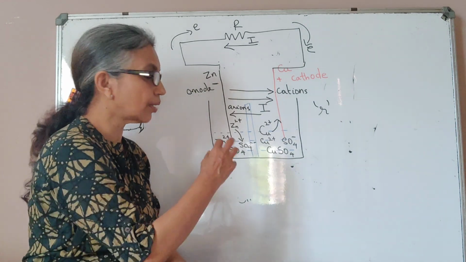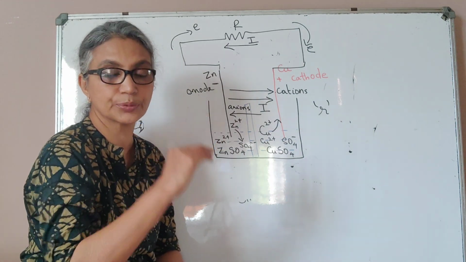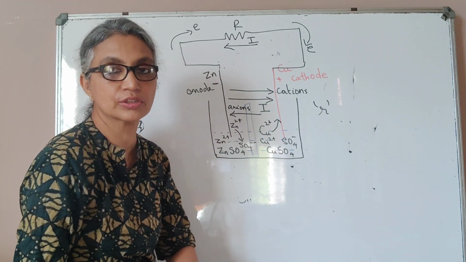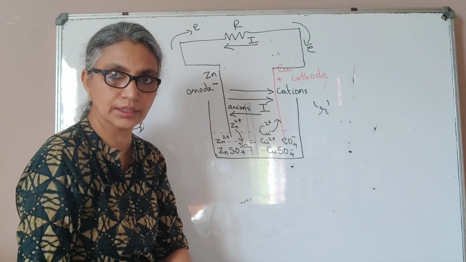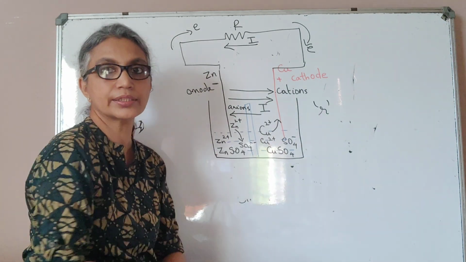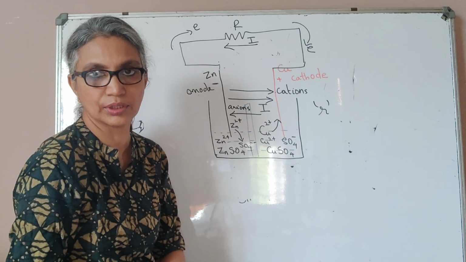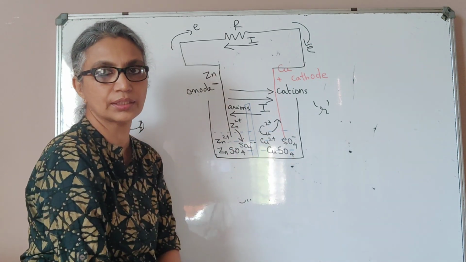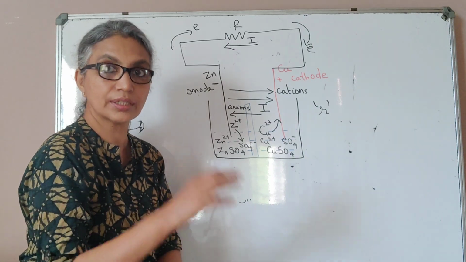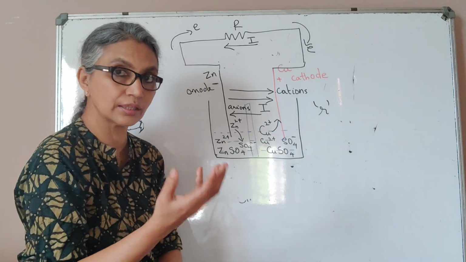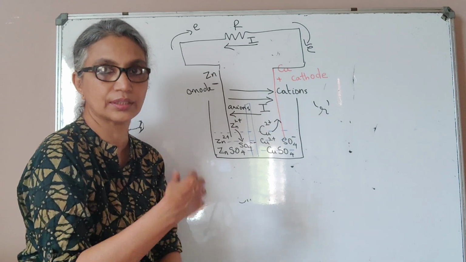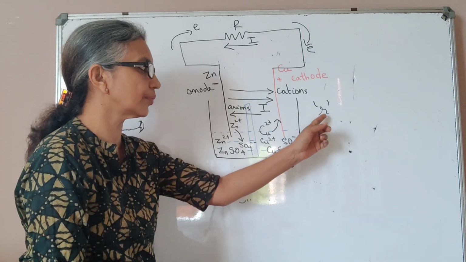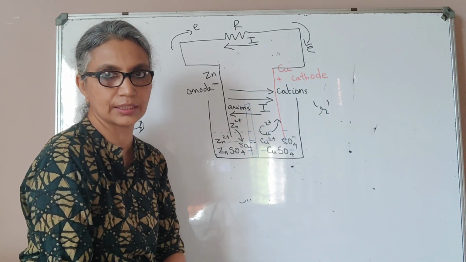And so the number density, small n, which we discussed in the last session as the number of electrons per unit volume in a conductor, when it comes to an electrolyte, is the number of charge carriers in the electrolyte. So it is the number of ions present per unit volume in the electrolyte, that is the number density n. So the kind of electrolyte you choose will determine the number density, and that will determine the internal resistance of the cell.